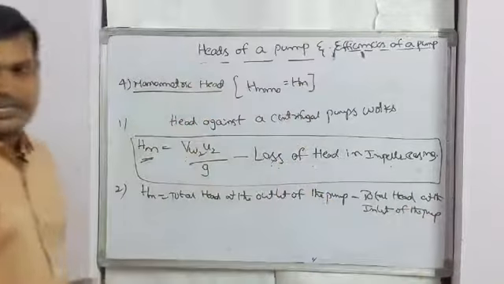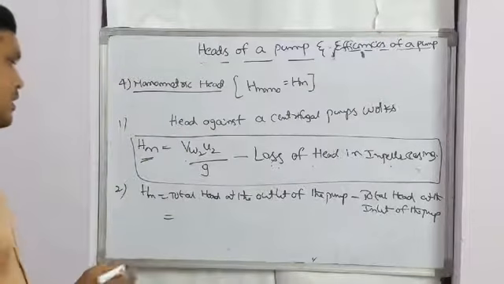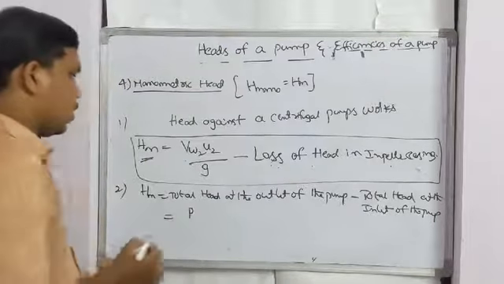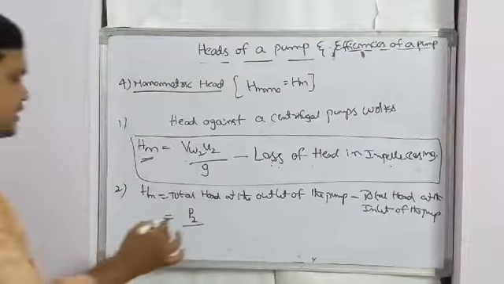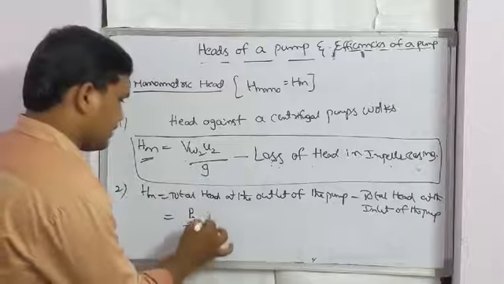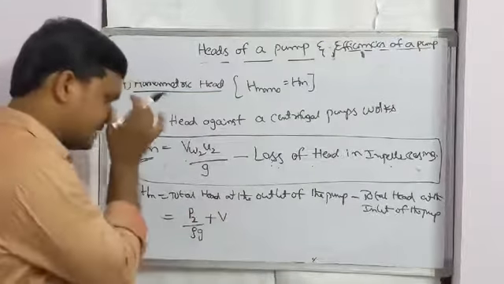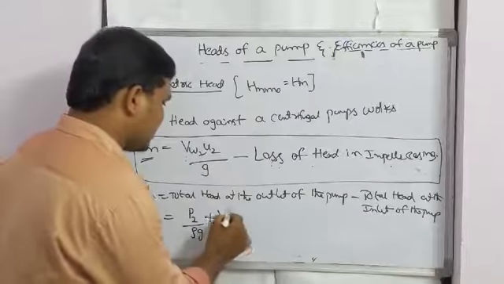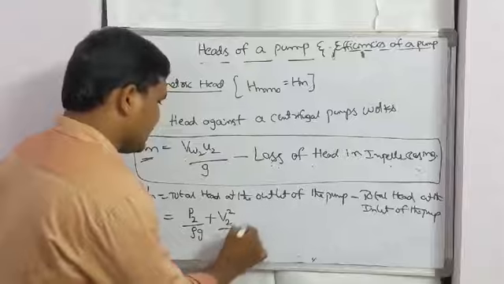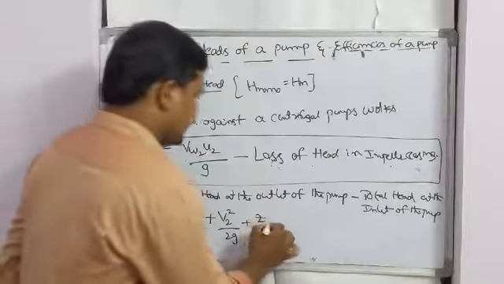Total head is nothing but Bernoulli's equation: P by rho g plus V square by 2g plus Z. At the outlet, that is V2 square by 2g plus Z, so Z is Z2.